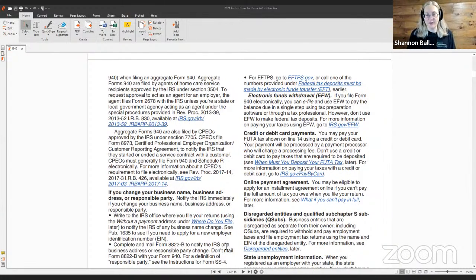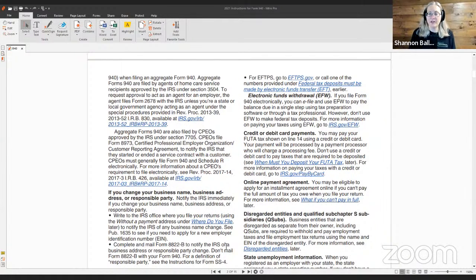Credit or debit card payments. You may pay your FUTA tax shown on line 14 using a credit or debit card. Your payment will be processed by a payment processor who will charge a processing fee. Don't use a credit or debit card to pay taxes that are required to be deposited. See, when must you deposit your FUTA tax later?